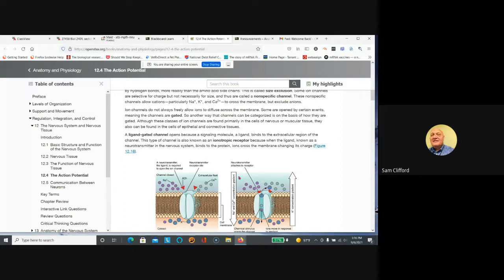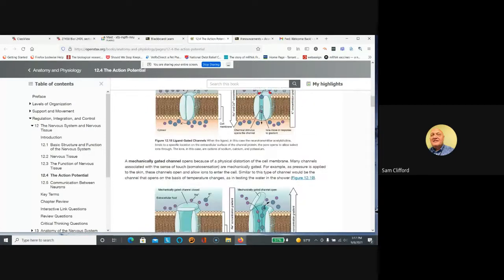Sodium, calcium would flow in, and there's more potassium on the inside, so potassium would flow out. It's called a ligand-gated channel, meaning that it opens because of a neurotransmitter. Here's our hydrophilic heads, here's our hydrophobic tails. Here's a closed channel that is opened by a neurotransmitter.